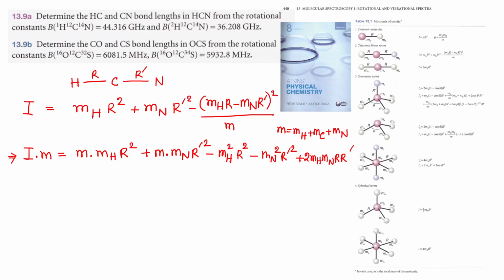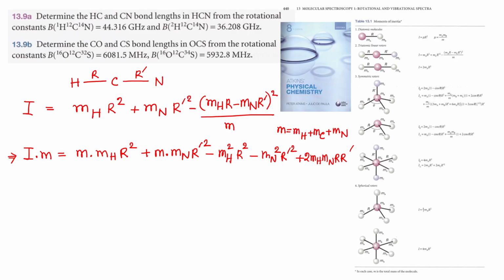Anyway, what we are actually trying to do is that we have two rotational constants. So tell me, can we directly do it using the rotational constant from the individual parts? We do not have the separate parts.